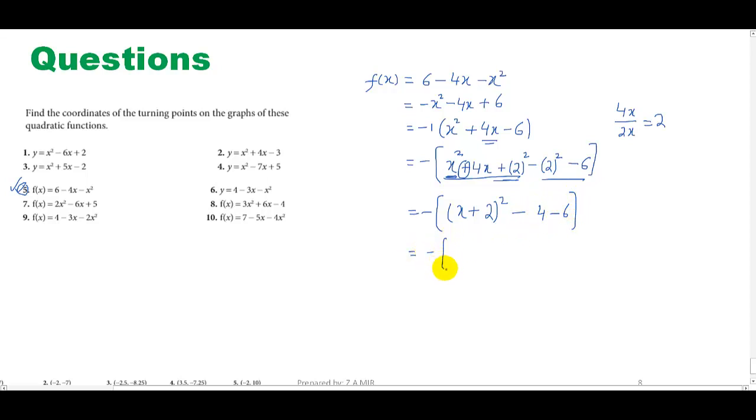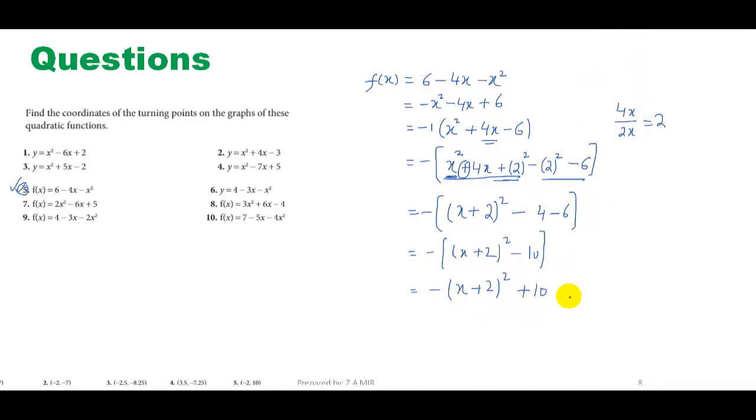Now it will become x plus 2 whole square, and this is minus 10. Now open this bracket, so minus will come with this, minus x plus 2 whole square, and minus and minus will make plus 10.